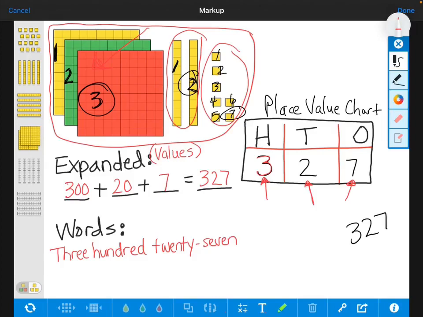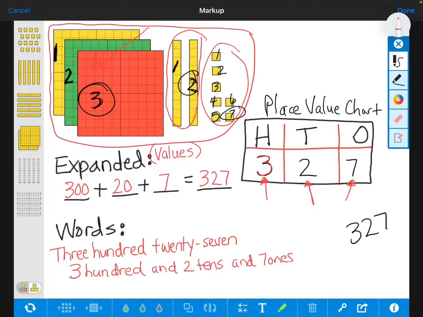You also will see the digits like this: 300 and 2 tens and 7 ones. Okay, or they may put a plus sign in place of the and. So that's also showing this number represented in words.